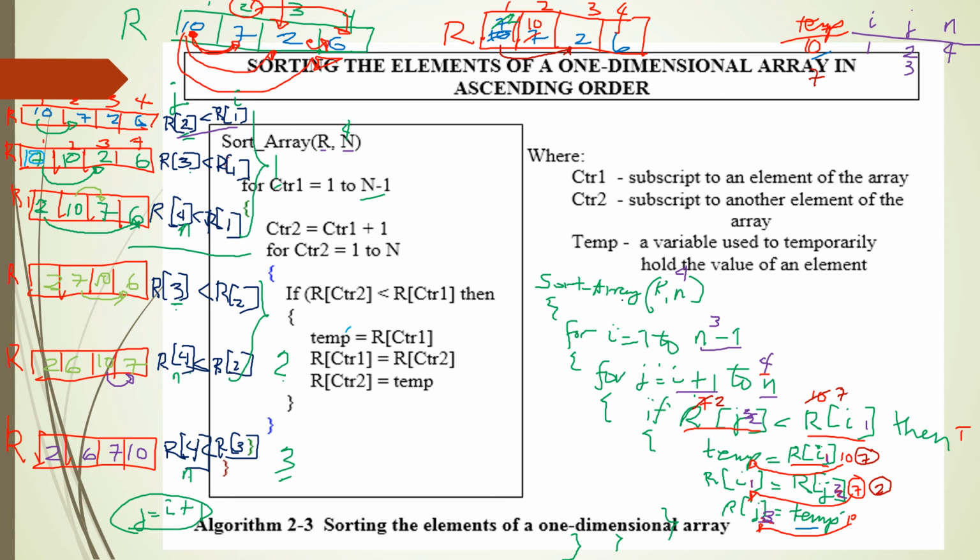And then next, temp, value of temp is 7. So, 7 will be assigned to R sub 3. R sub 3 will now be 7. Okay. So, we have 2, 10, 7. Ito yun, 2, 10, 7.